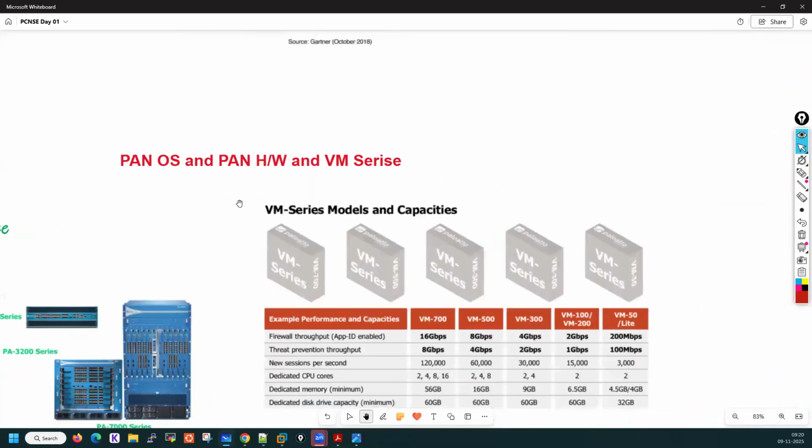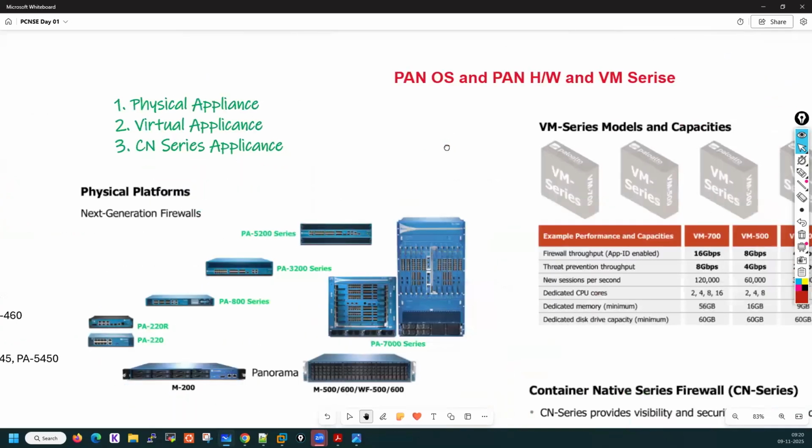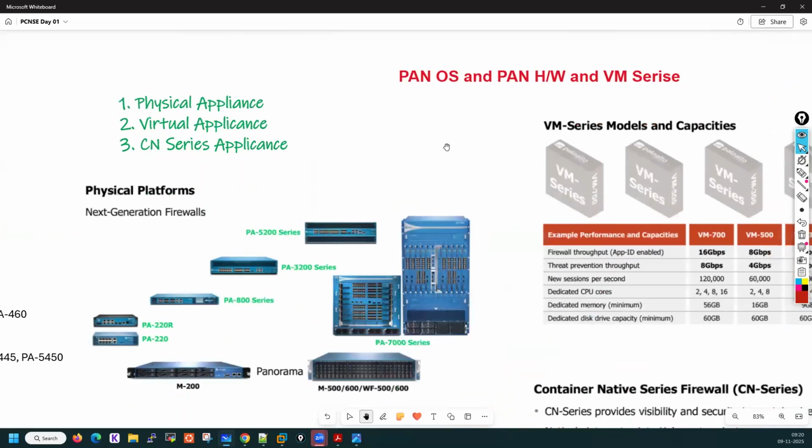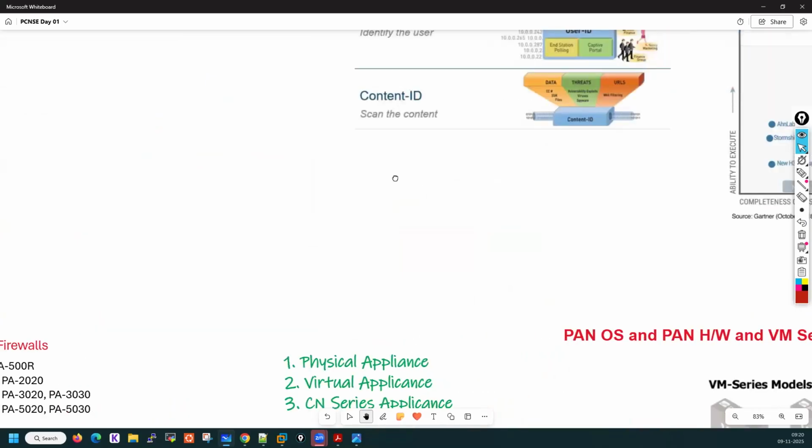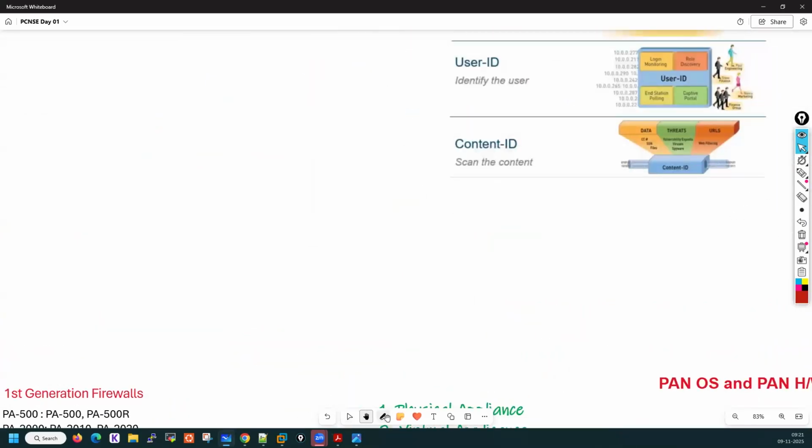Okay, now let me discuss three things here. Let me explain the Palo Alto operating system, which is the most important part. What is this PAN-OS? So guys, we have a Palo Alto firewall, right? Either it's hardware, or virtual, or cloud native.